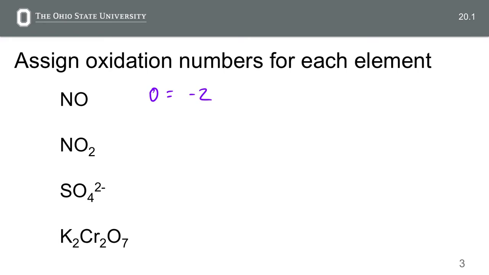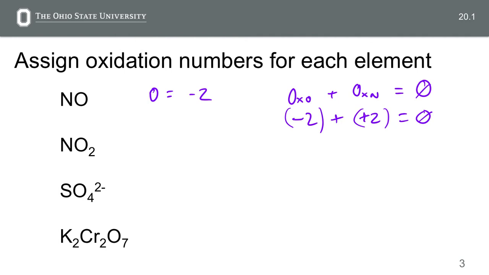We can use the rule that the oxidation number of the oxygen plus the oxidation number of nitrogen is going to equal the overall charge, which is 0. We're basically trying to show that this is essentially an equation. So the oxidation number of oxygen is -2, and everything has to sum to 0, which means that the oxidation number of nitrogen must be +2. Does that make sense?